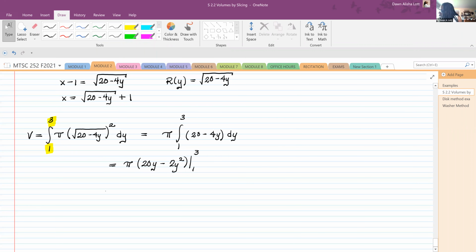So now I get pi. I'm going to get 20 times 3 minus 2 times 9. So that's the first piece. And then I'm going to subtract off 20 times 1 minus 2 times 1.